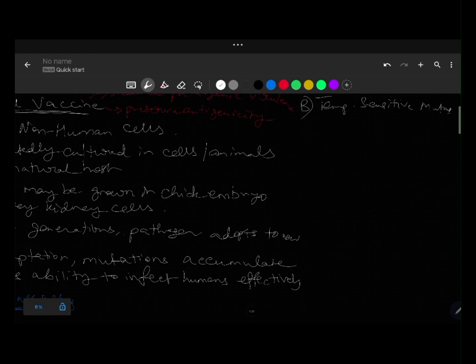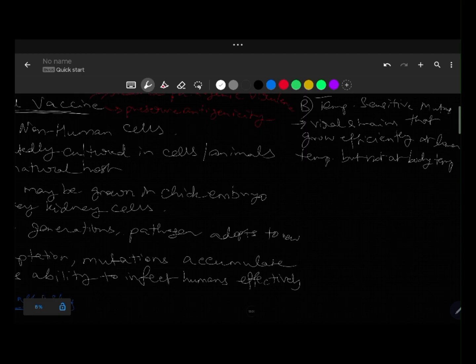Scientists may select viral strains that grow efficiently at lower temperature but poorly at normal body temperature.